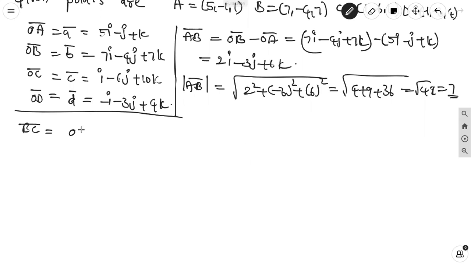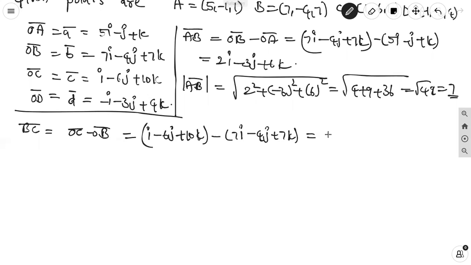Similarly, we can find out BC. BC vector is equal to OC minus OB, that is i minus 6j plus 10k minus (7i minus 4j plus 7k). It is equal to 1 minus 7 is minus 6i, minus 6 plus 4 is minus 2j, plus 10 minus 7 is 3k.